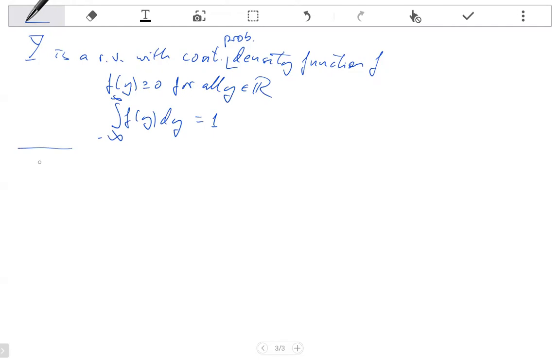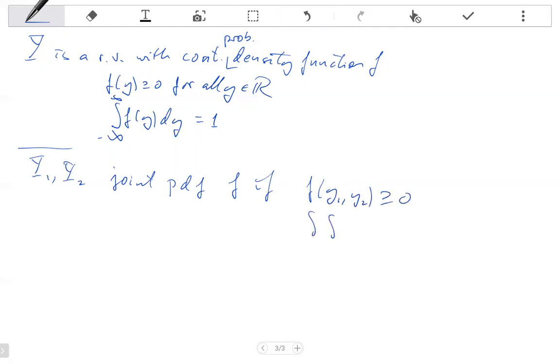For a pair y1, y2, they have a joint probability density function f if f of y1, y2 is greater than or equal to 0, and the double integral f of y1, y2 dy1 dy2 is equal to 1.